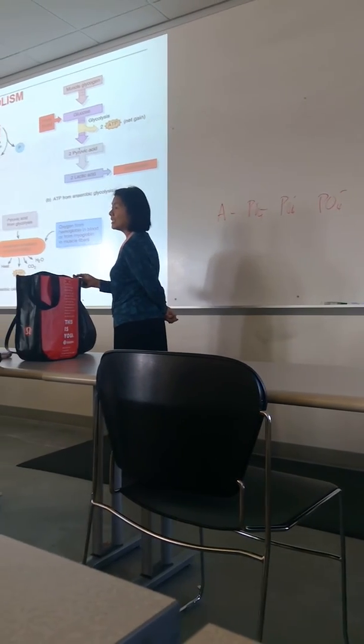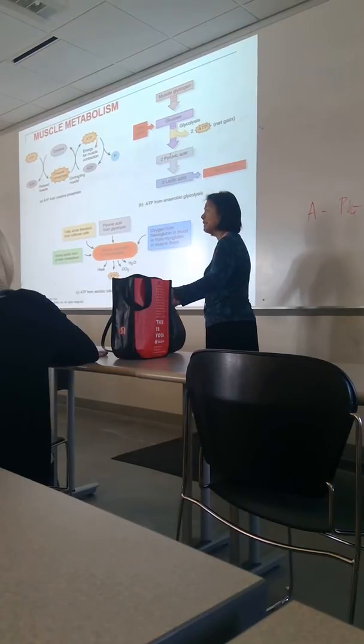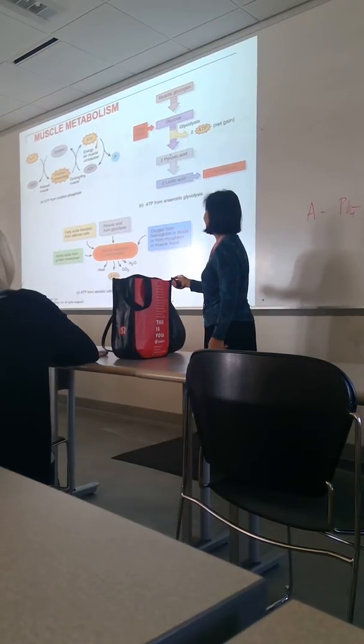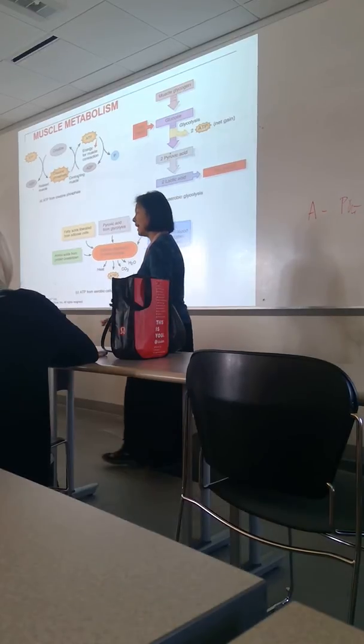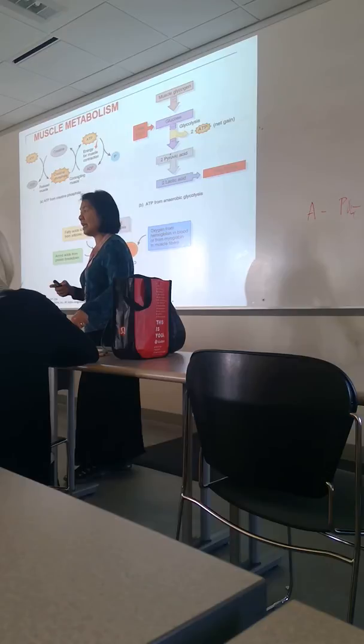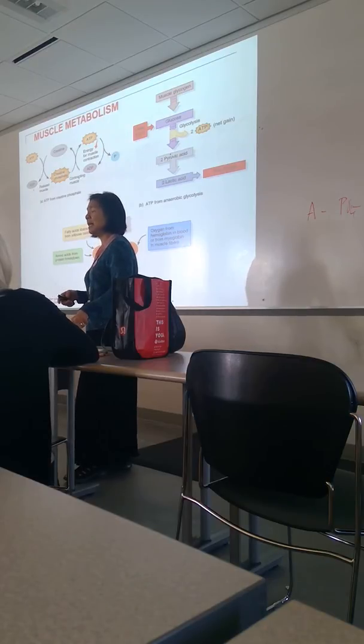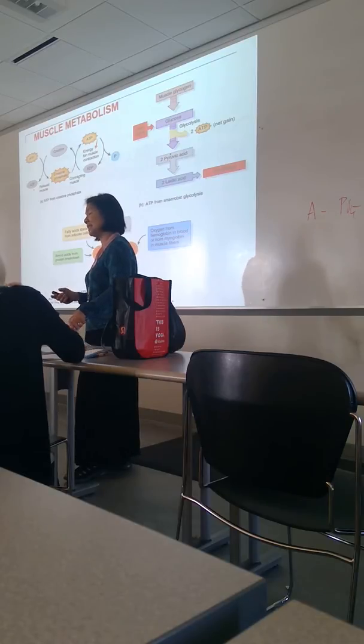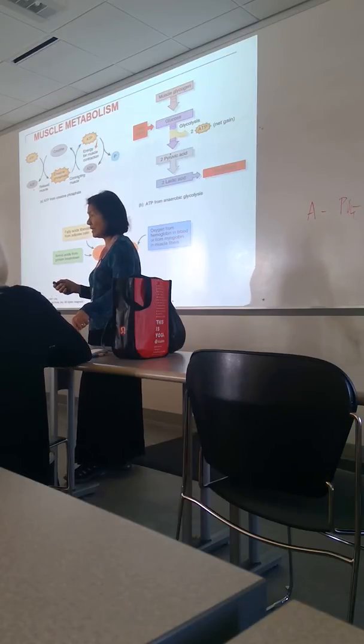When you start exercising or when you start any muscle activity, the ATP now becomes ADP. There's only one problem with ATP. You only have enough ATP to power muscle activity for maybe 15 to 20 seconds only, maybe 30 seconds, less than 1 minute.